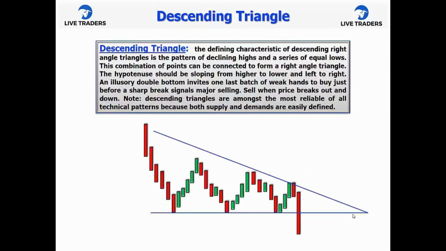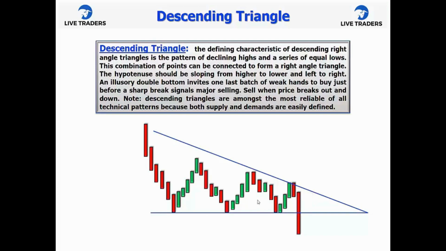Now here's a descending triangle, okay? Again, you can already see it's self-explanatory. A descending triangle is mainly formed by lower highs, which causes the descending line. But the lows this time, instead of being higher lows, are equal lows. So you get a flat bottom line and a downtrending line that forms this descending triangle.